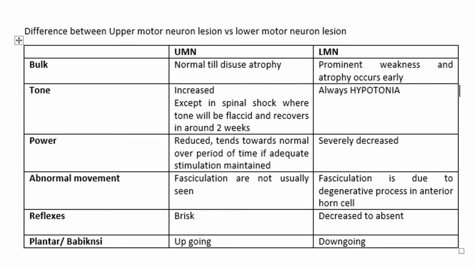What's next here? Reflexes, we went through that, and then Babinski is when you scrape the bottom of the foot and the big toe is upgoing or extends out. In a lower motor neuron lesion, it's not necessarily going to be downgoing. You might get no reaction, and normal can also be downgoing.